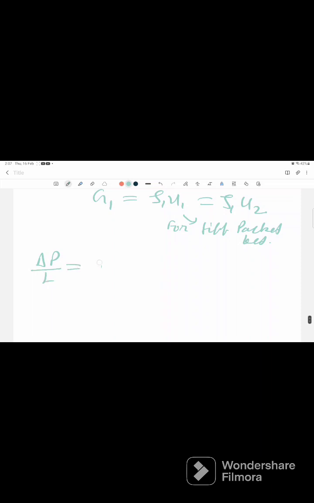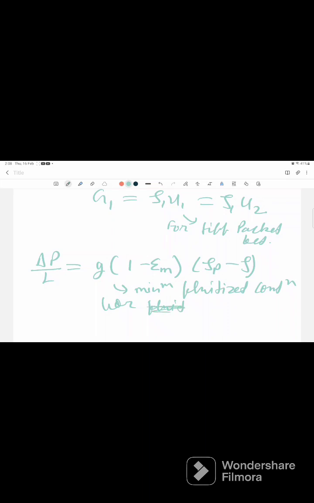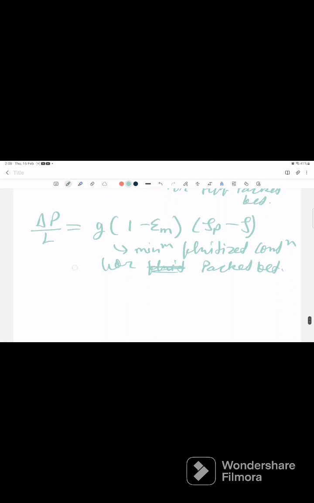Delta P by L equals G1 minus epsilon m (rho p minus rho). This is the minimum fluidization condition for a fluidized bed, for a packed bed reactor. This is pressure drop per unit length.